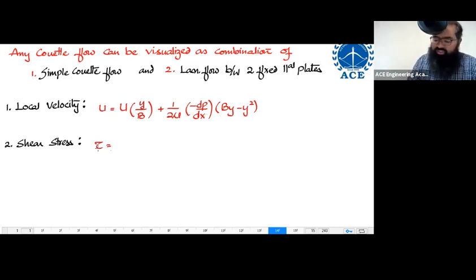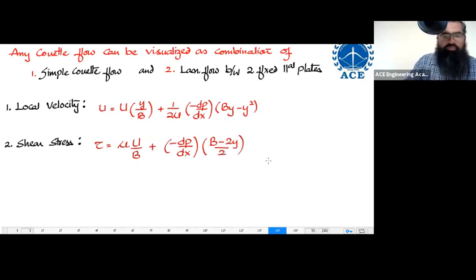Shear stress in simple Couette flow was equal to mu into capital U upon B, plus shear stress in laminar flow between two fixed parallel flat plates, which was equal to minus dp upon dx multiplied to (b minus 2y) whole divided by 2.